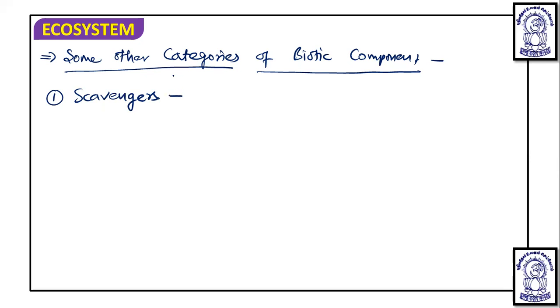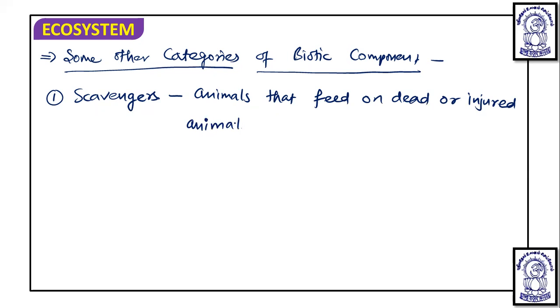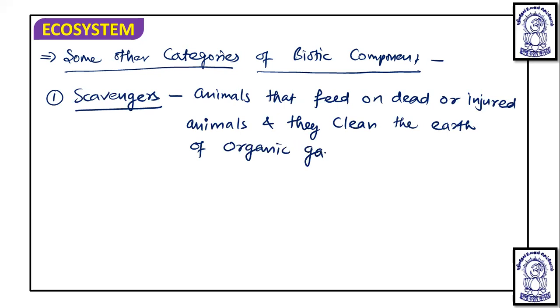First are the scavengers. Scavengers are animals that feed on dead and injured animals, and they clean the earth of organic garbage.